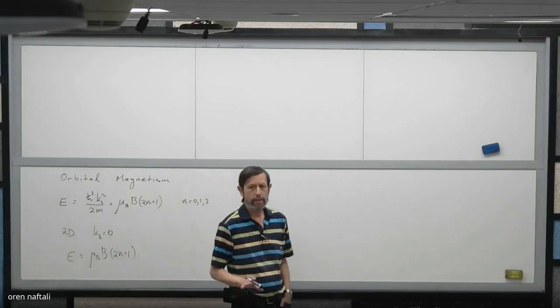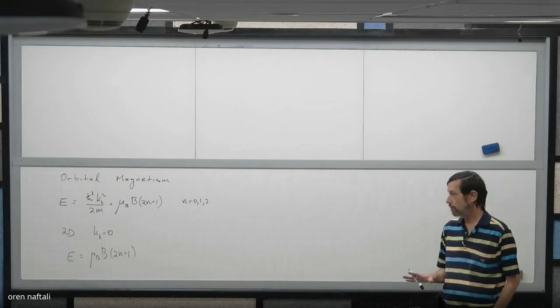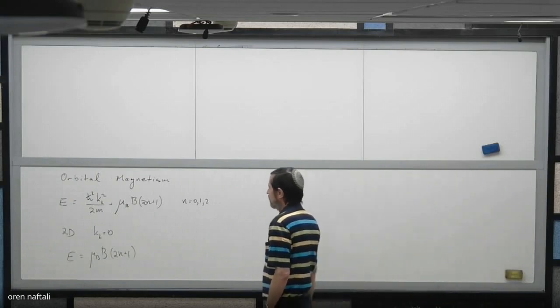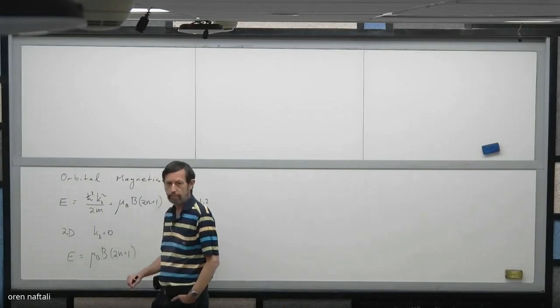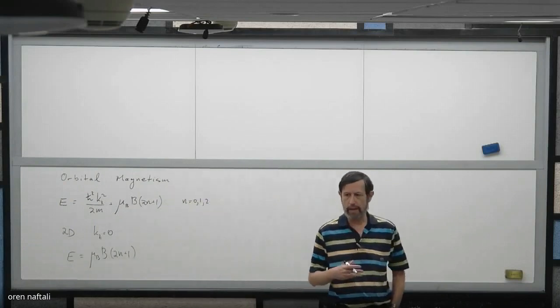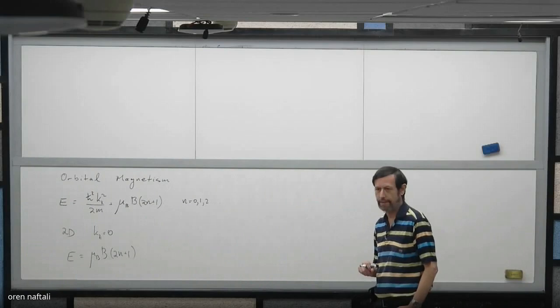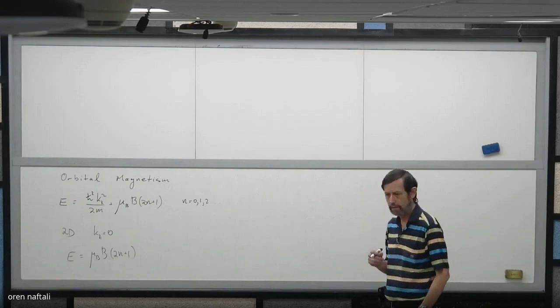And I claimed at the end of the previous lecture that actually this level is degenerate. And now we would like to understand how degenerate is this level and what does its degeneracy depend on.